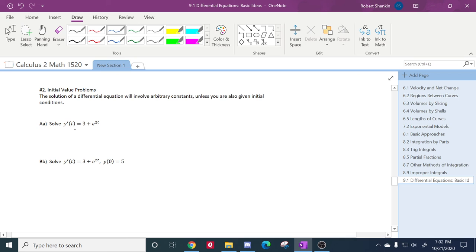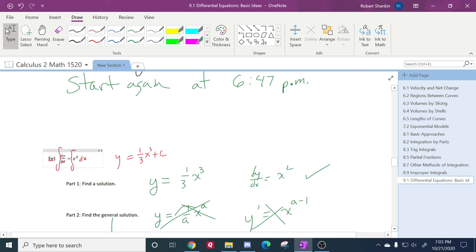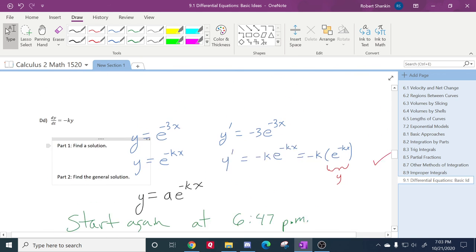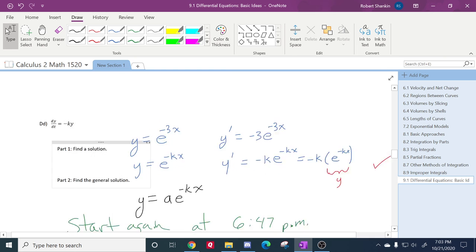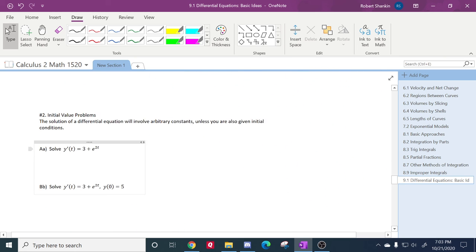Now, this one, can I solve for y? Well, I can do this directly. It's like this easy problem. It's not like any of our tougher ones where the y showed up on the right hand side. This one, the independent variable is the only thing that shows up over here. So I can integrate both sides.